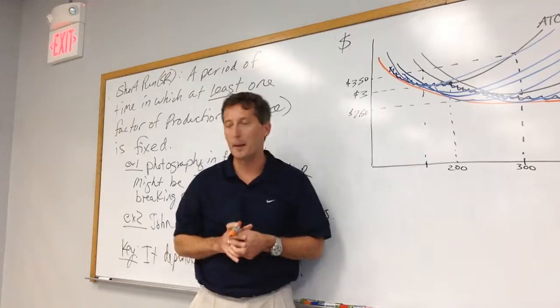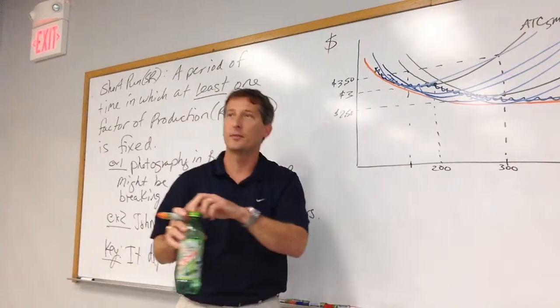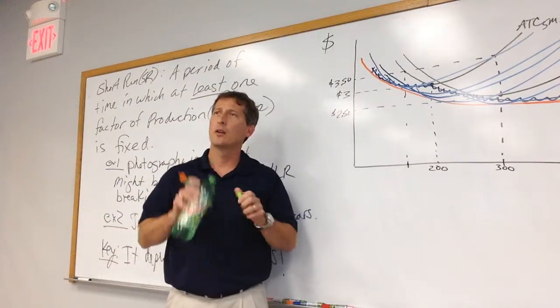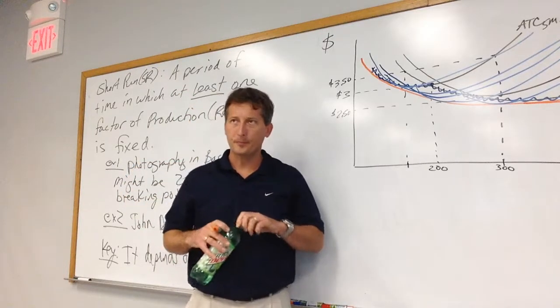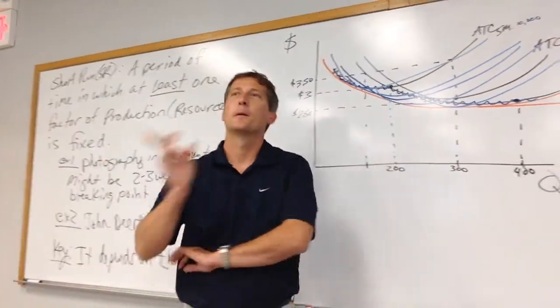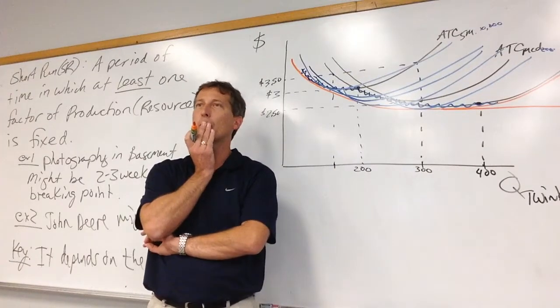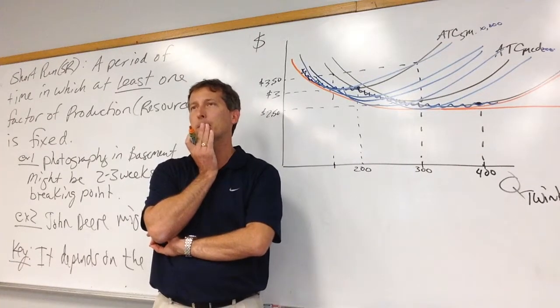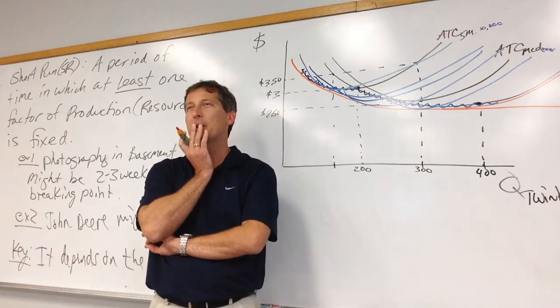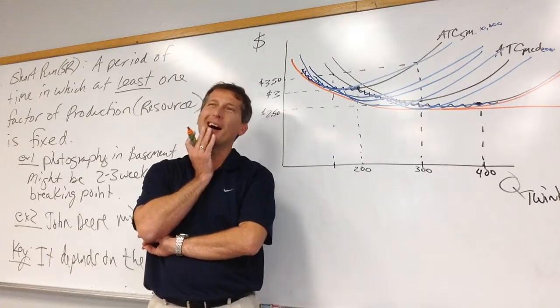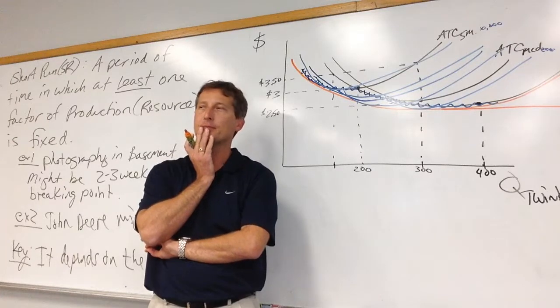Why do you think it would turn up? Let me go, Tyler. I don't know, because if you're making more, more productive, like if you're making more for less cost. Okay. Trying to think what cost would be going up if we got bigger.